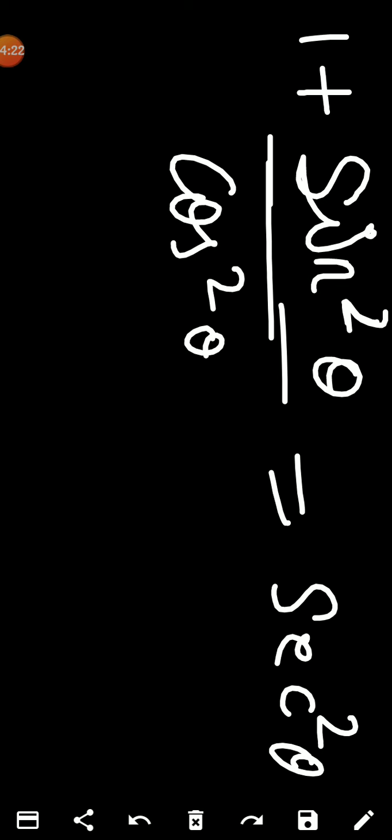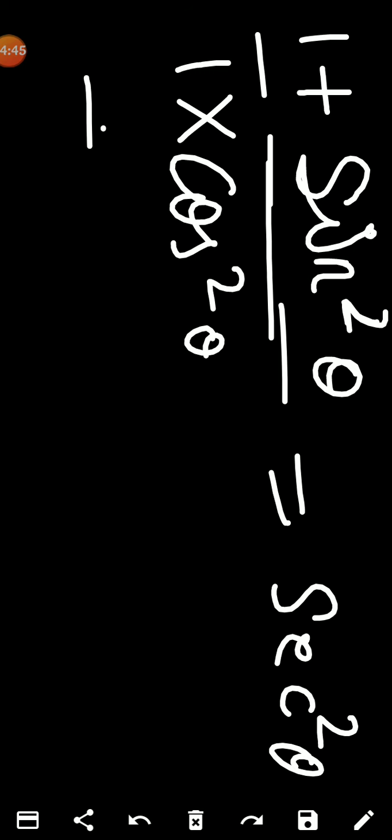We cannot directly bring cos square theta to the right hand side because we still have 1 on the left hand side. So let's take the common denominator for both. To take the LCM, the best way is to multiply both the denominators.